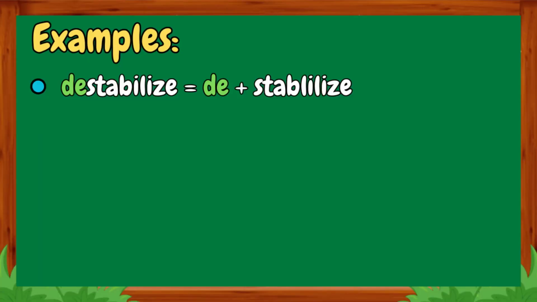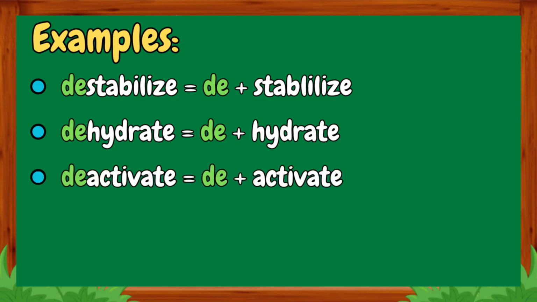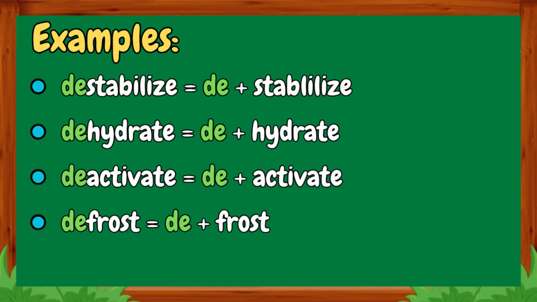And if we look at some examples: destabilize, dehydrate, deactivate, defrost. So there's our number 6, and I hope you guys have been picking up that prefixes are a great way to express yourself in different ways and, of course, broaden your vocabulary.